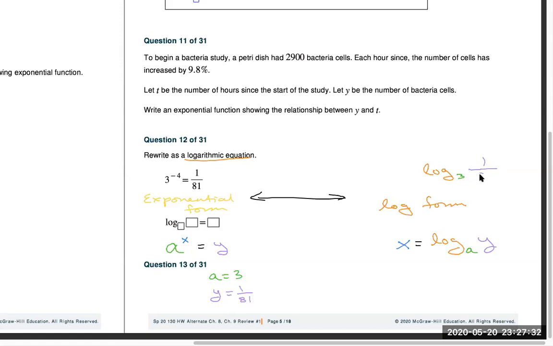So we're going to put 1 over 81 right here next to the log, a little past the 3. We're going to have our equal sign in there. And then on the other side of the equal sign, we put whatever the exponent is. The exponent is -4 in this case.